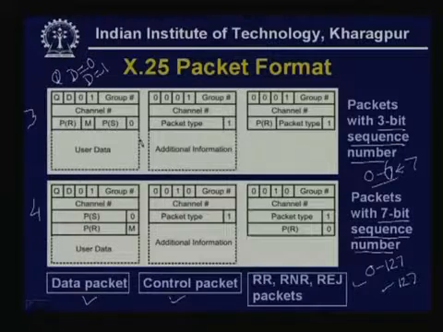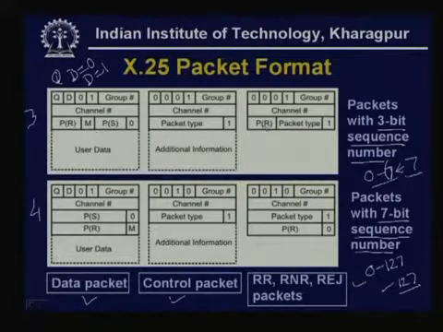That means it uses piggybacked acknowledgement, go-back-N acknowledgement using the sliding window protocol, and the window size can be 7 or 128 depending on the number of bits used in the PR and PS fields.